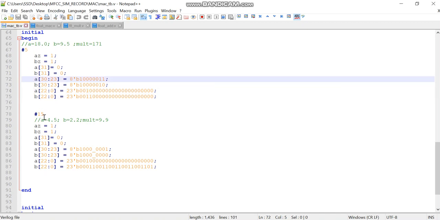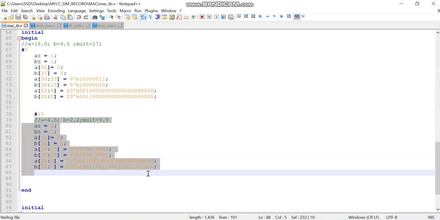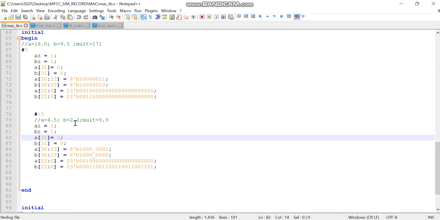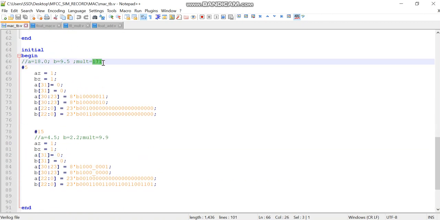So after a delay of 10, that is at the 20th time of the clock, I am giving these inputs. So now our result should be something equivalent to this. Initially we had 0, so that 0 should be added to this 171.